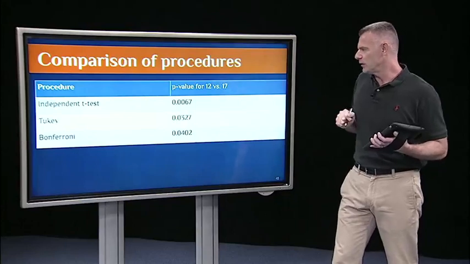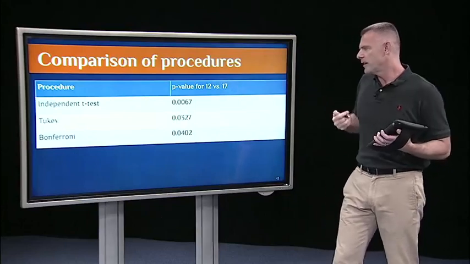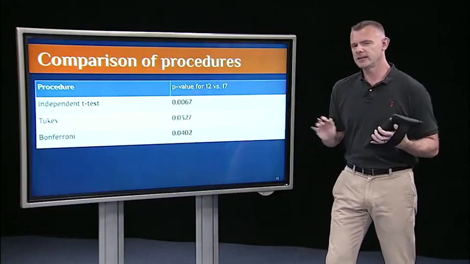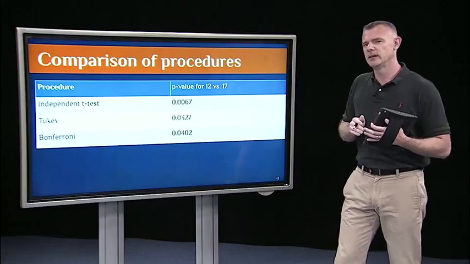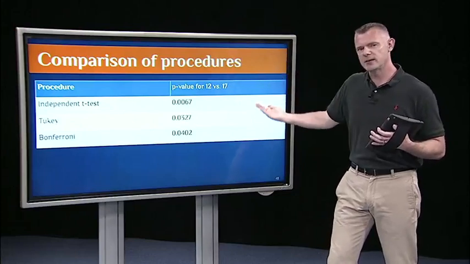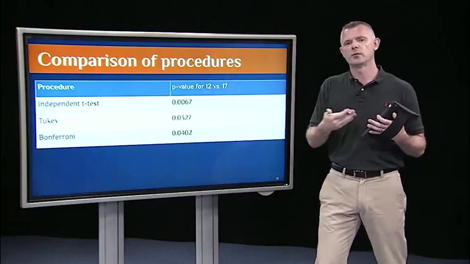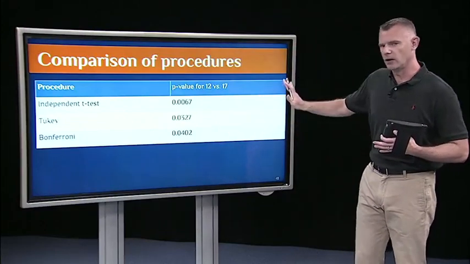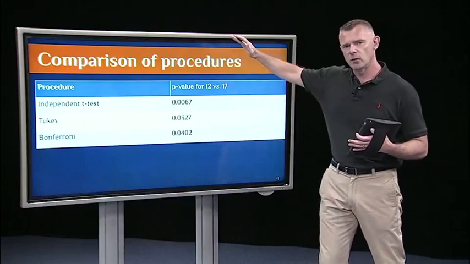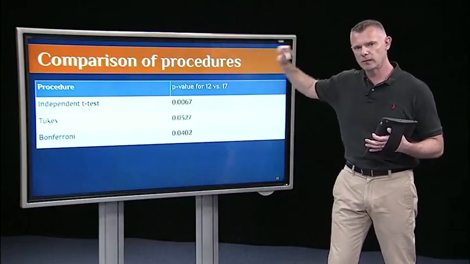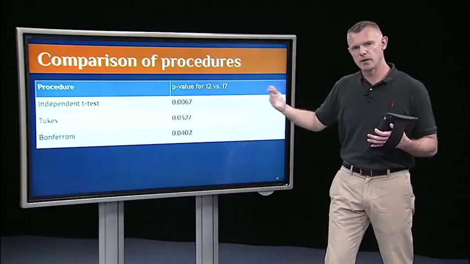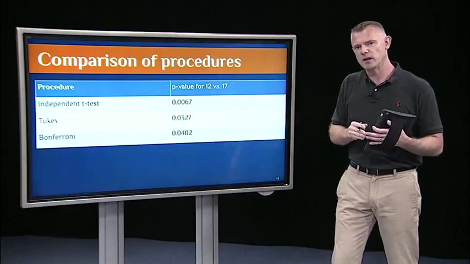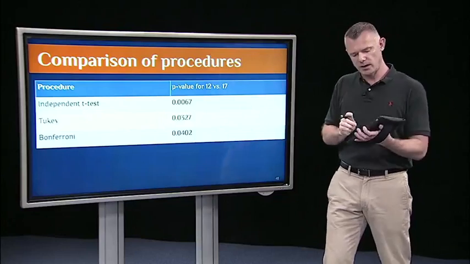So the Tukey procedure gives you a value of about 0.03. Bonferroni, you're up at 0.04. So in all cases, it's still a statistically significant difference, but you see that the p-values change as a function of the procedure that I ran in R. Again, the independent t-test is the most liberal and actually inappropriate in this example. Bonferroni is going to be the most conservative. Tukey is probably a nice happy medium and pretty popular and pretty common.